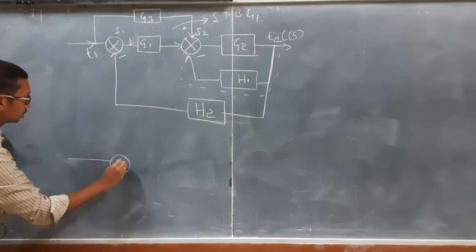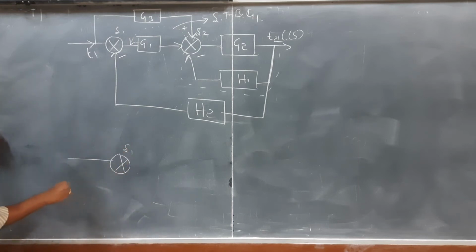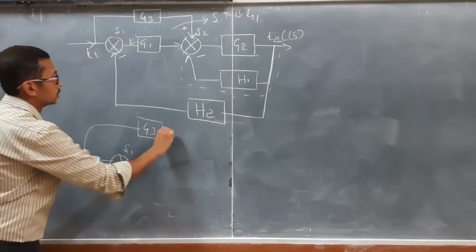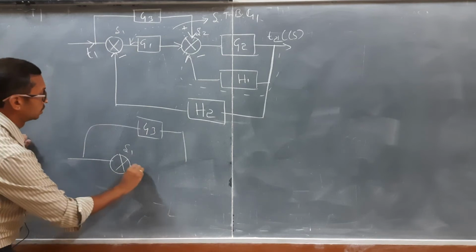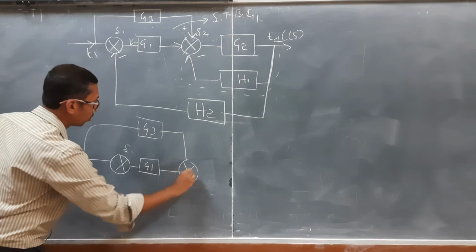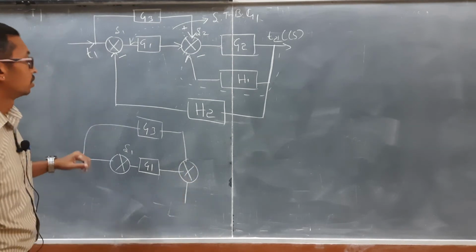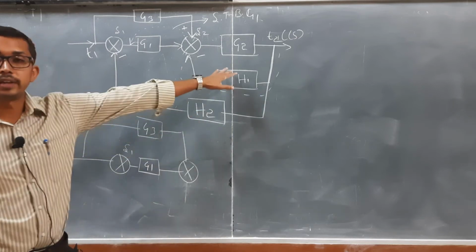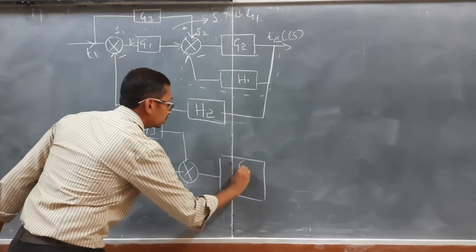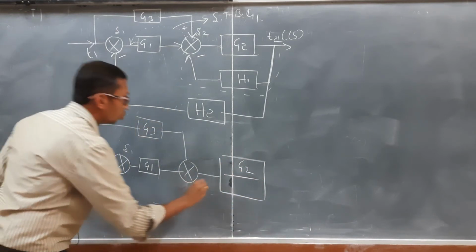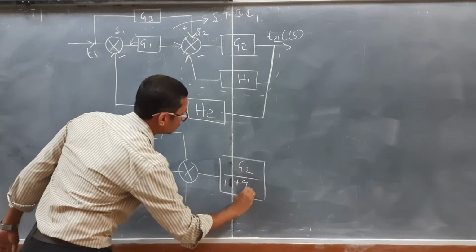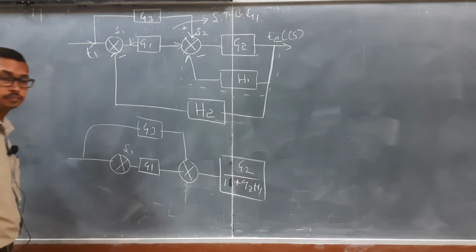So summing point 1 I am going to retain, because I am going to do that step afterwards. Next I have a G3, next I have a G1, and here I have a summing point. Now I am going to eliminate this one by applying the formula. So this can be written as G2 divided by 1 plus, since it is negative, G2 H1.